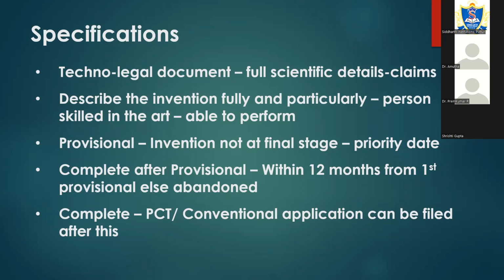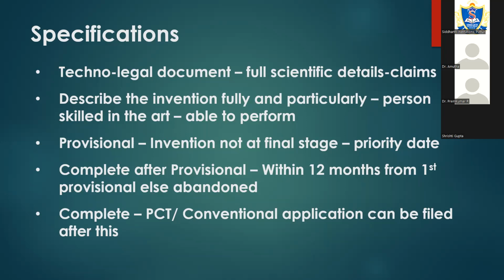The third type is the complete application. Without filing a provisional, if you have a complete invention at hand, then you can directly file the complete specification. Once this complete specification is filed, then you can file for the PCT or conventional application.